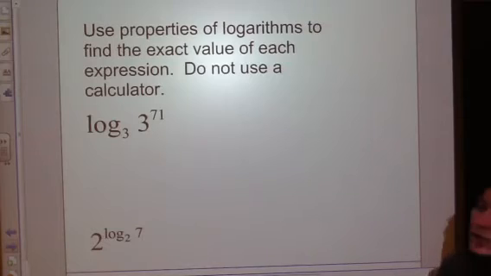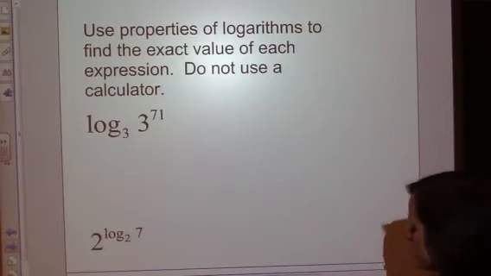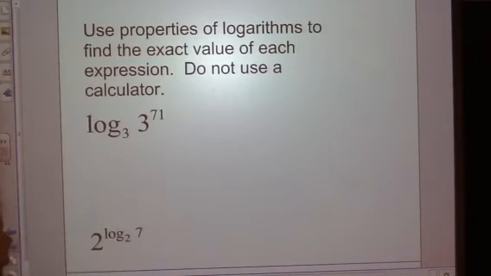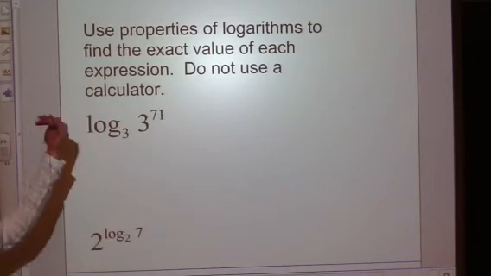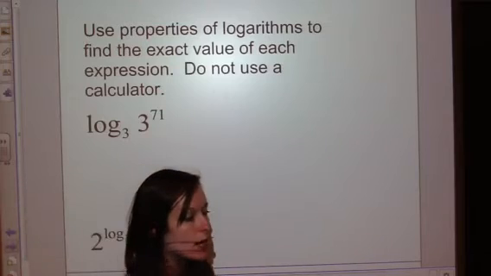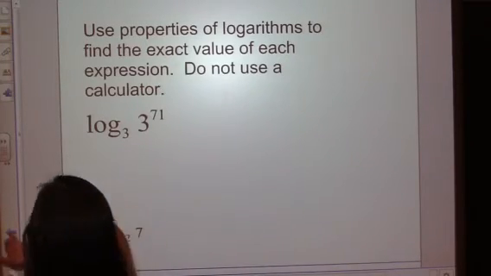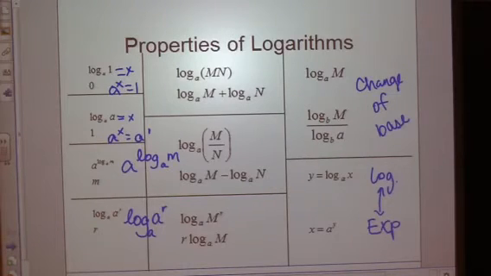All right, so based off of the first four properties in the first column on the last slide, we are going to, without a calculator, evaluate these. So if we look at this first one, we got log base 3 of 3 to the 71st power. If you look at those first four properties, you need to decide which property we're going to use. You should say that we are going to use this bottom property.